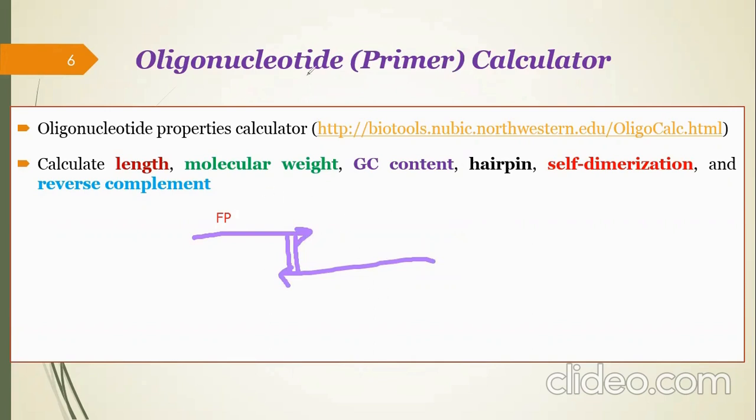This is actually the reverse primer, I could write it here. So somehow there is complementarity of both primers at their 5' ends. So what will happen? The polymerase will amplify the sequences like this. The polymerase will amplify this sequence from this side and this sequence from this side.